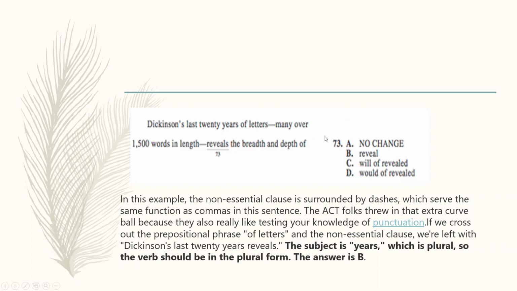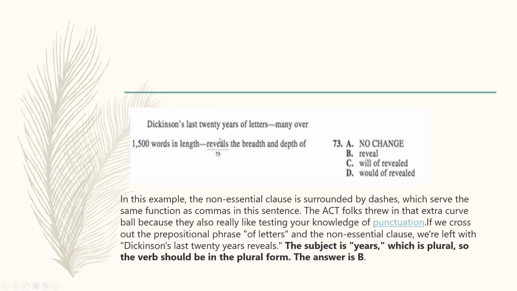So crossing all that out, okay? That leaves you with Dickinson's last 20 years of letters. You've still got a problem because, okay, what is our subject? Letters comes after "of." That's a prepositional phrase. So you've got to cross that one out too. So is the subject about Dickinson or is it about years?